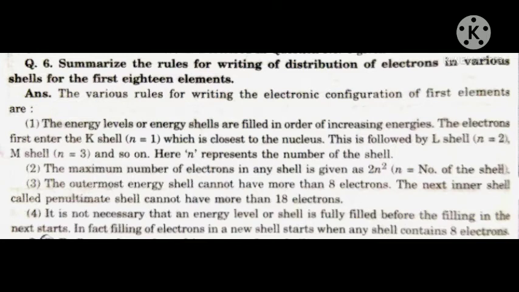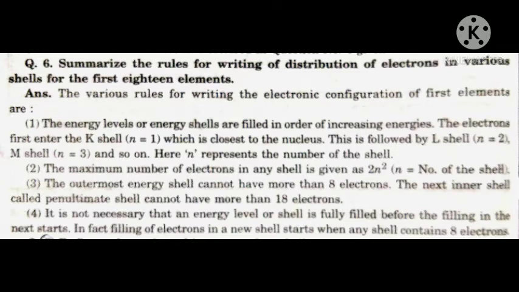The electrons first enter the K shell, n equal to 1, which is closest to the nucleus. This is followed by L shell n equal to 2, M shell n equal to 3, and so on.